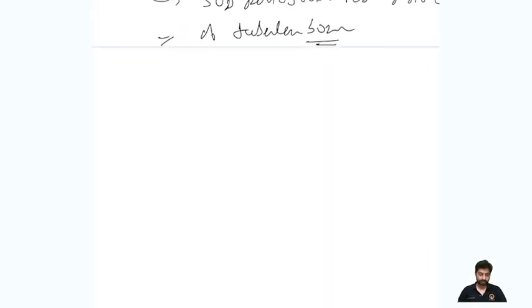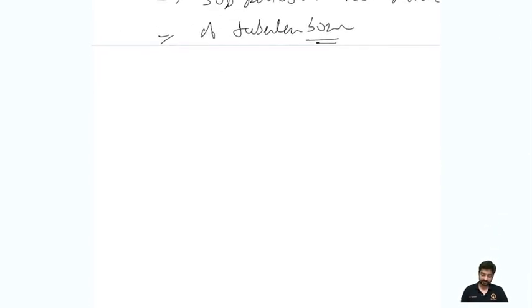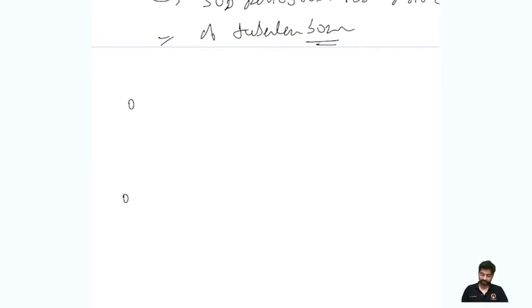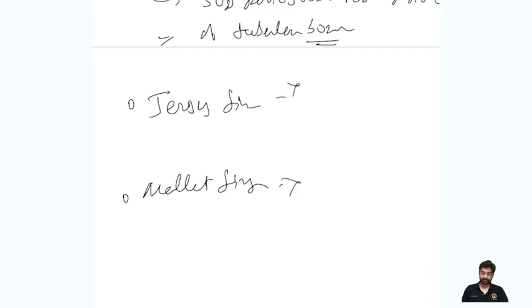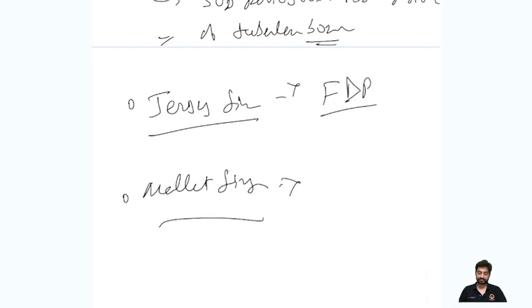So okay, fingers are done. The last two things which may be asked are jersey finger or mallet finger. What is jersey, what is mallet? In jersey finger there is an avulsion of your flexor digitorum profundus, whereas in mallet finger there is an avulsion of the extensor digitorum tendon.